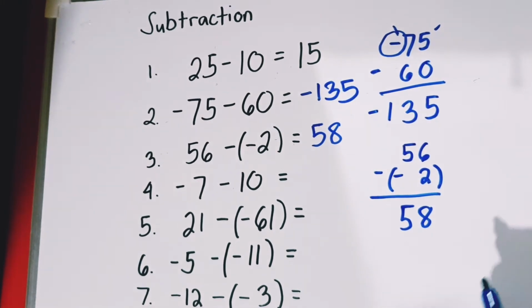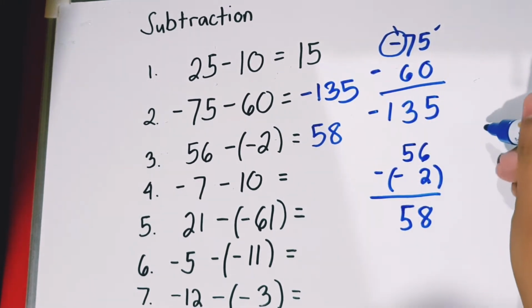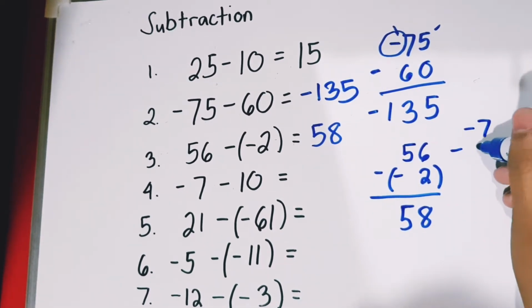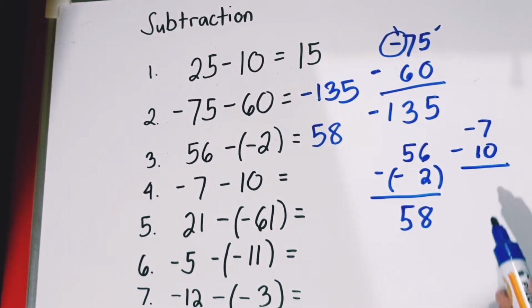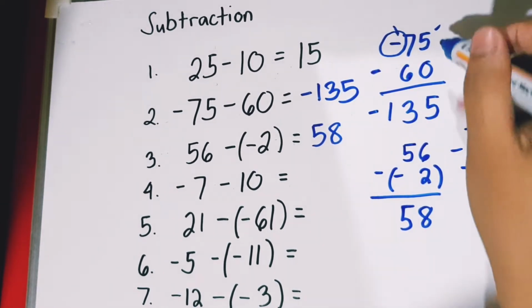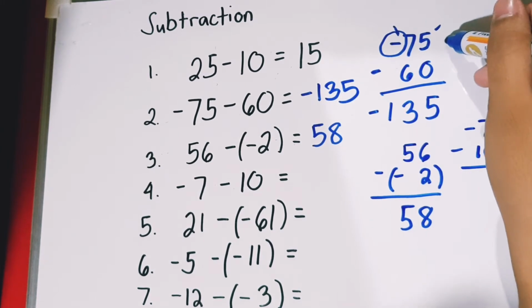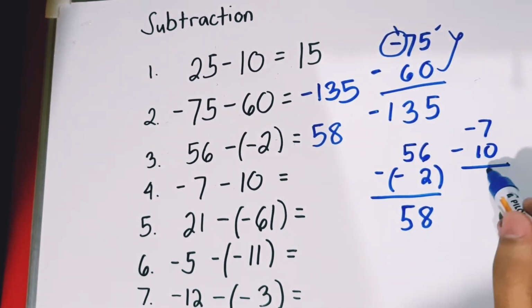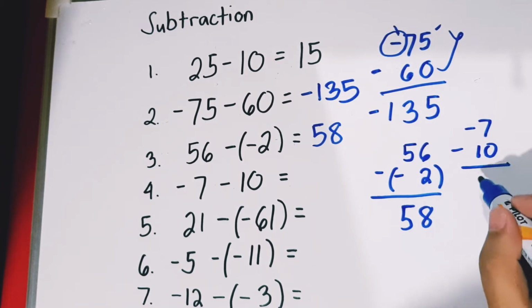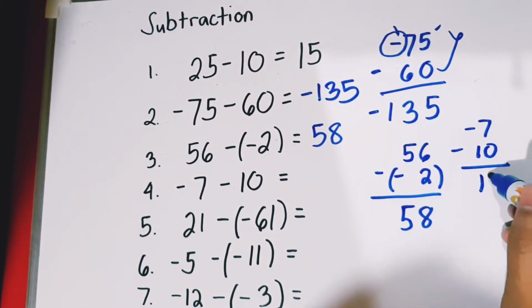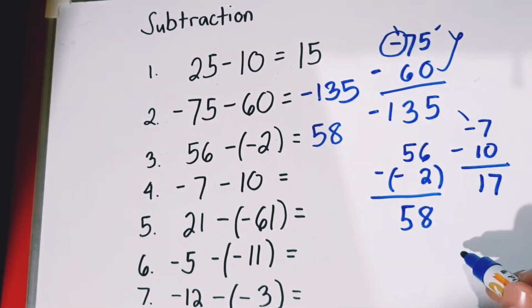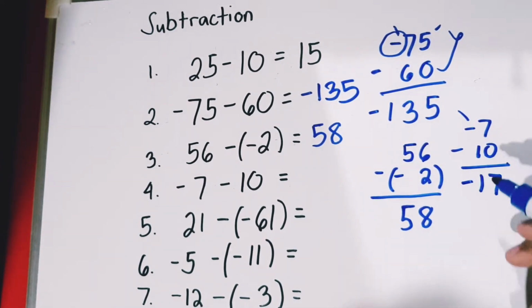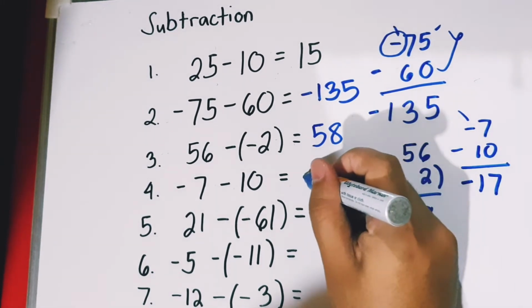But as we can see in the shortcut I made, negative 7 minus 10, it's still the same as this one. And we can conclude that we will add them both and follow the first sign of the integer. So negative 17.